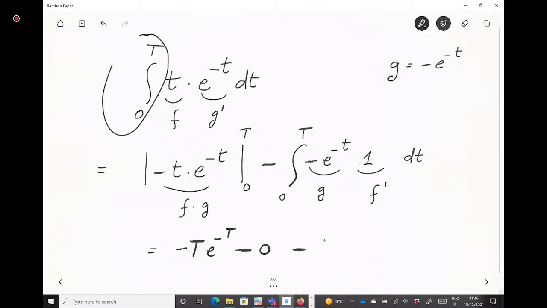Okay, here we have the minus, what is the integral of minus exponential of minus t? It is exponential of minus t, right?